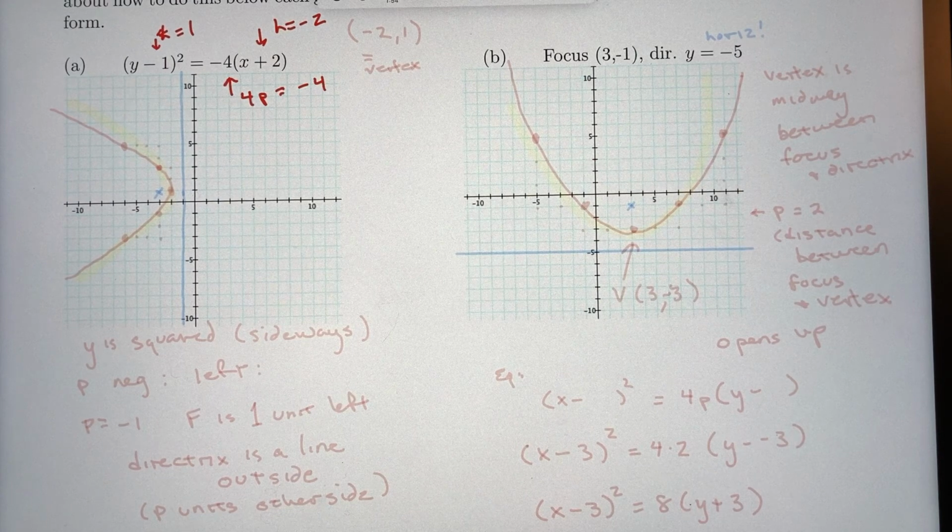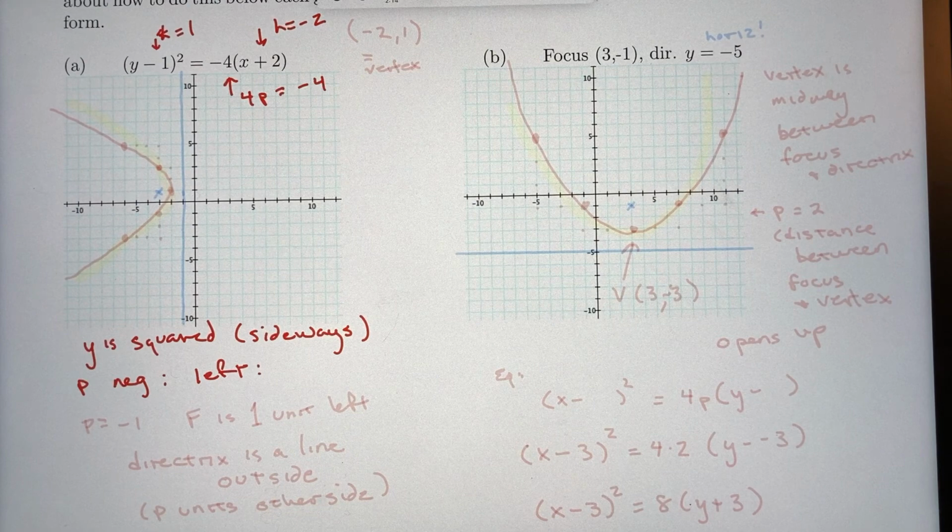Also notice y is squared, so it's sideways, right or left, and p is negative, so it's left.